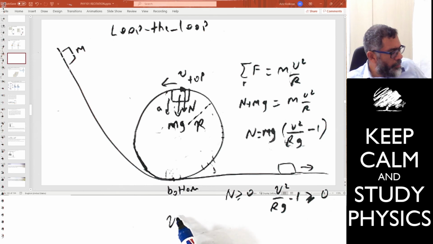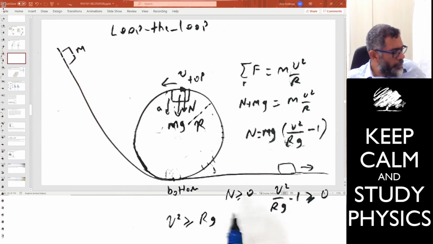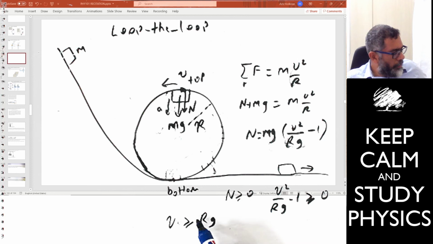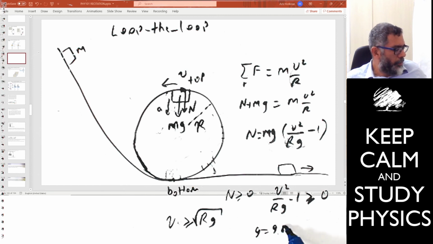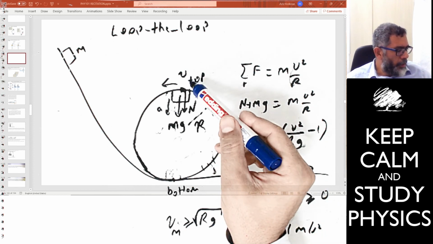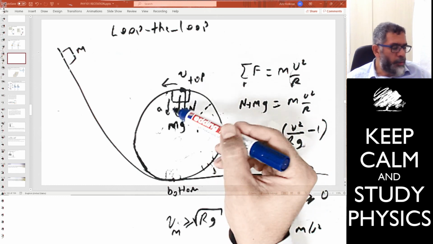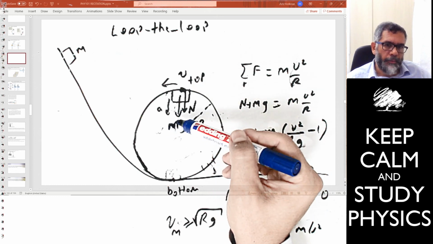That gives the condition that v squared must be at least equal to r times g. That means v is equal to or larger than the square root of rg, where r is the radius of the track and g is the gravitational constant, which can be taken as 9.81. This is the minimum speed for the object to go through the top point without losing contact with the track.